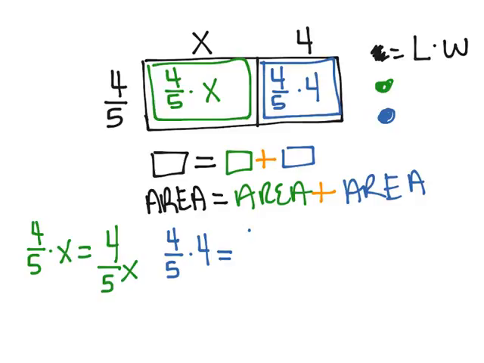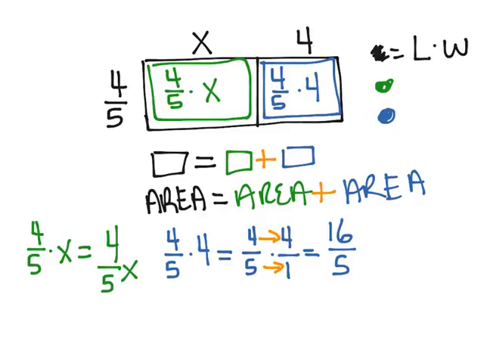In this case, we'll remember that when multiplying fractions, we have to turn our non-fraction into a new fraction by putting it over 1. Now we can multiply straight across. So our result is 16/5.